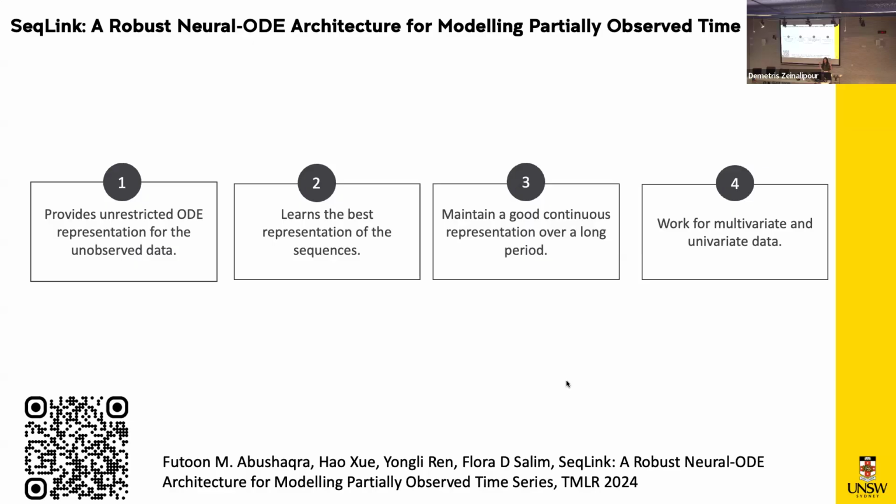But we also believe we need to know the relationship between the different variables of a time series. So across the series, we can have a learnable ODE. If some information is missing, we can borrow information from other channels, per se, okay?